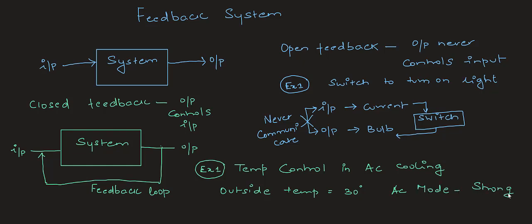When the outside temperature becomes 25 degrees, the same AC will adjust itself to normal mode. This way your air conditioning is adjusting to the output temperature. This is a perfect example of a daily application for a closed feedback system.